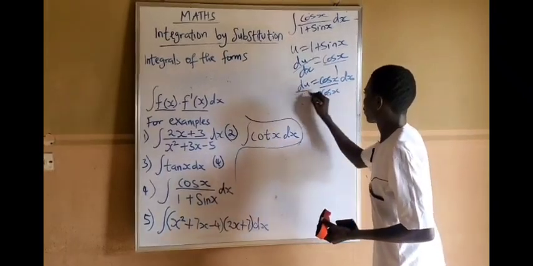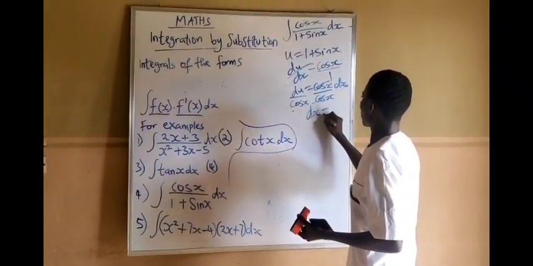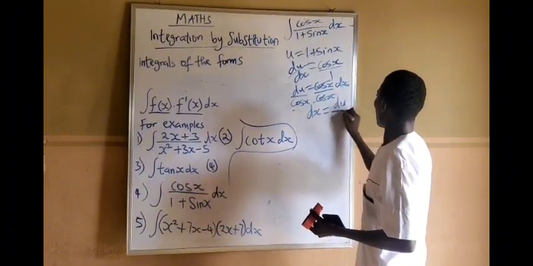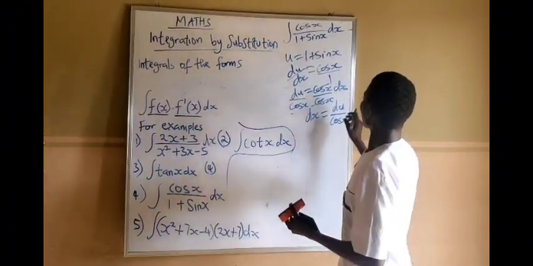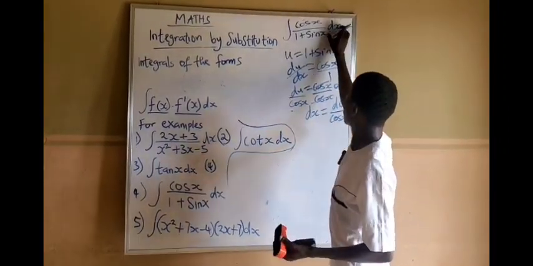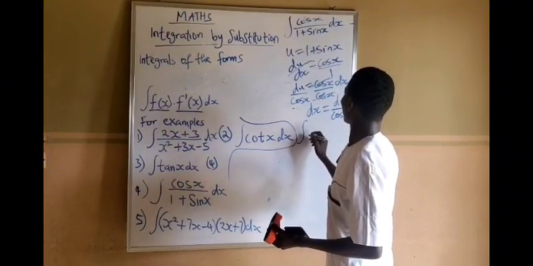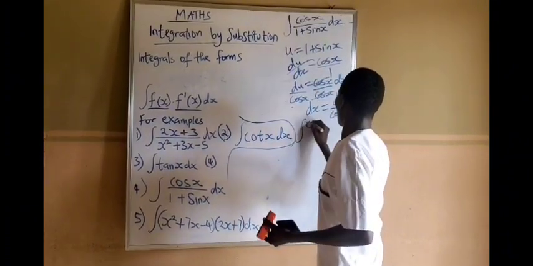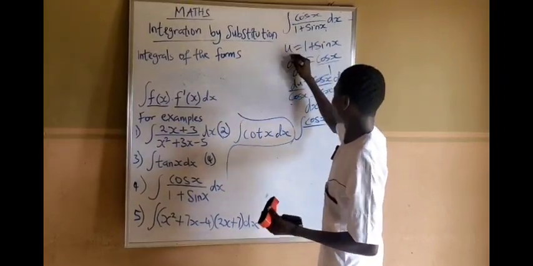Cos x over cos x cancels, so dx equals du over cos x. Now substitute this dx back into the question. So we have the integral of cos x over, mind you, everything here is represented as u.